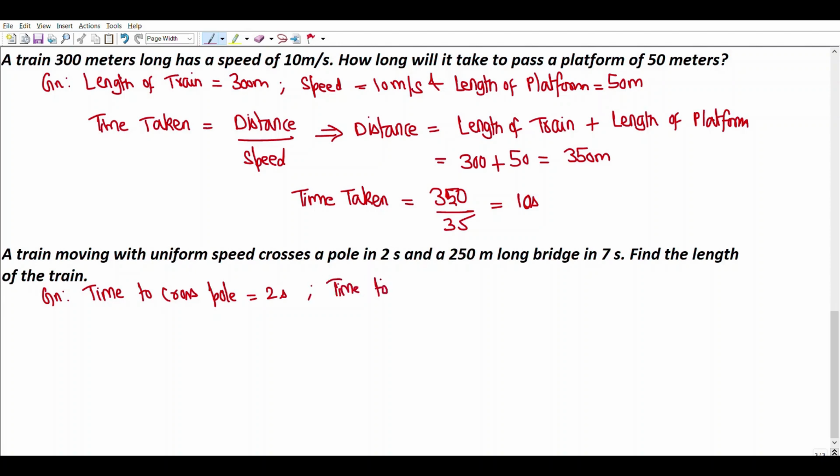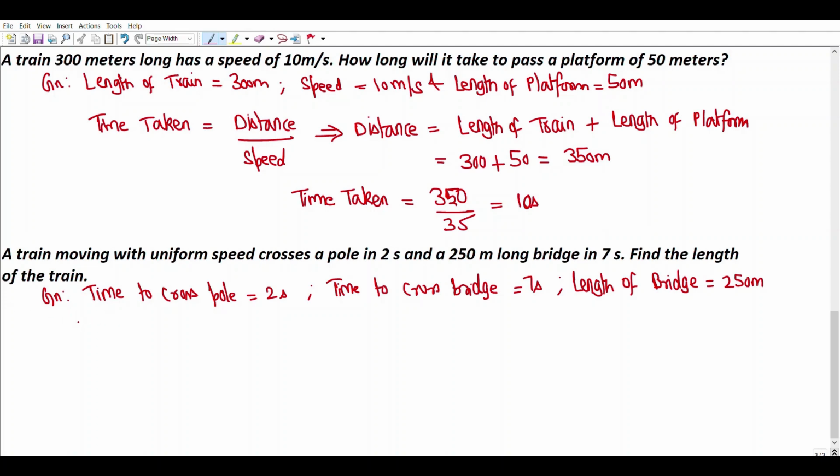Time to cross bridge is equal to 7 seconds, and length of the bridge is equal to 250 meters. We need to find length of the train.